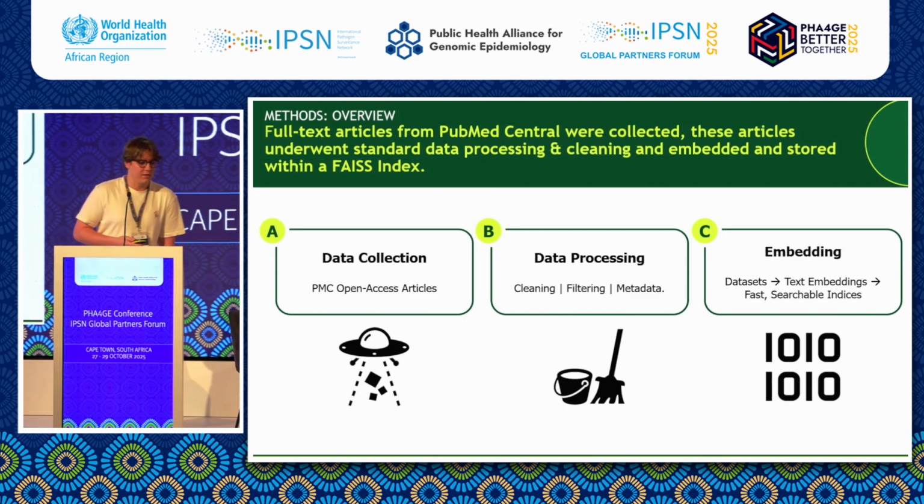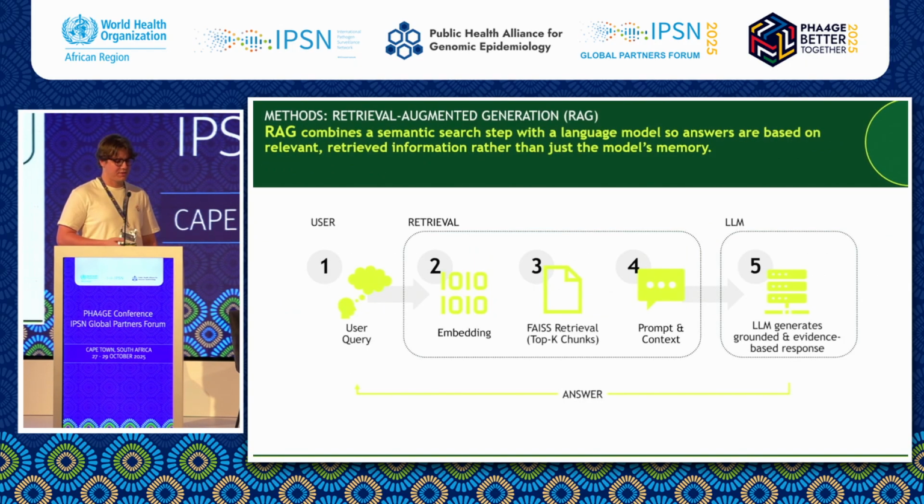Each data set was then converted into semantic embeddings, which is a numerical representation that captures the meaning of the words, rather than just keywords. So the chatbot uses what is called a RAG pipeline, which stands for Retrieval Augmented Generation. When a user submits a question, the system searches the index for the most relevant text.